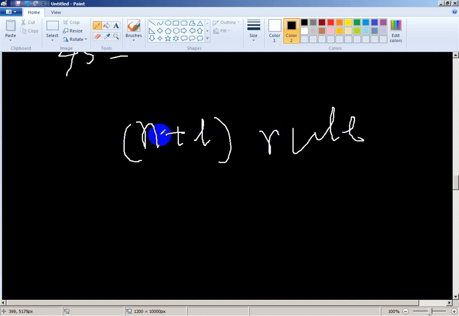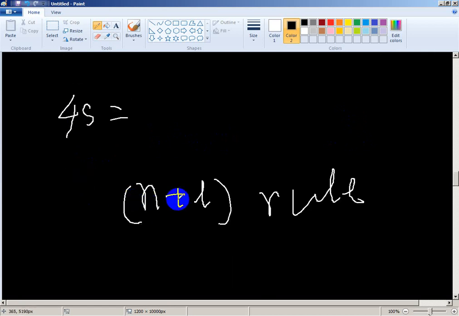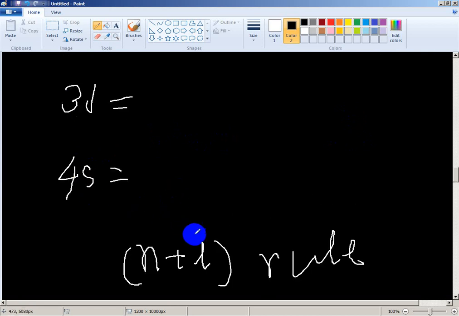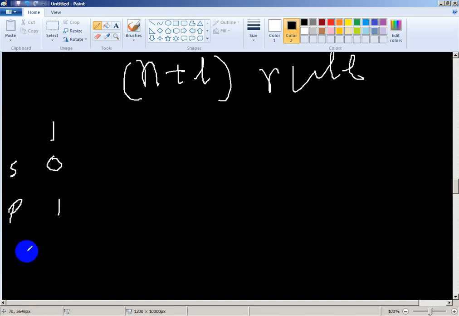n is the principal quantum number, like 3, 4. l is the angular momentum quantum number, also called the subsidiary quantum number. For an s orbital, l value is 0. For a p orbital, l value is 1. For a d orbital, l value is 2.